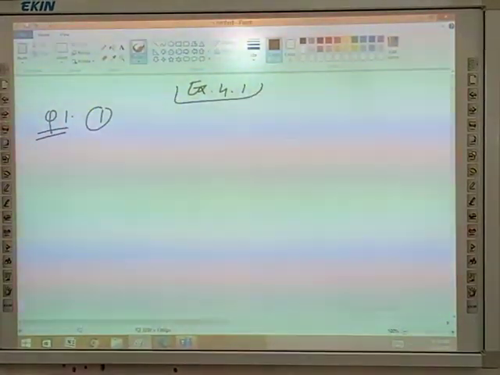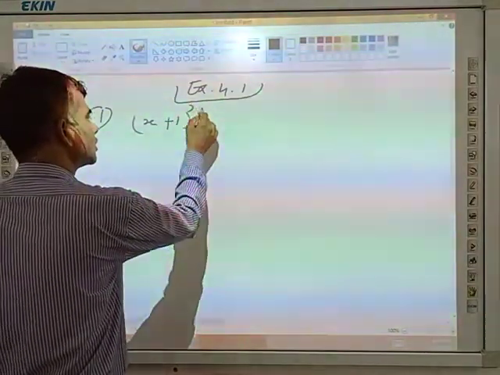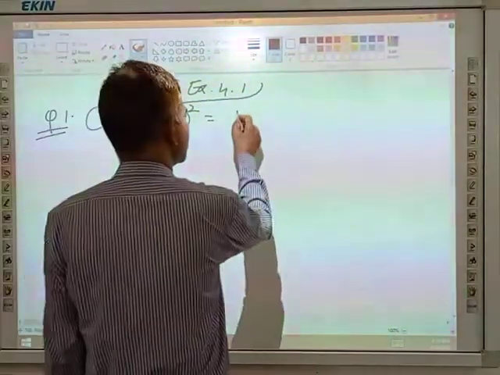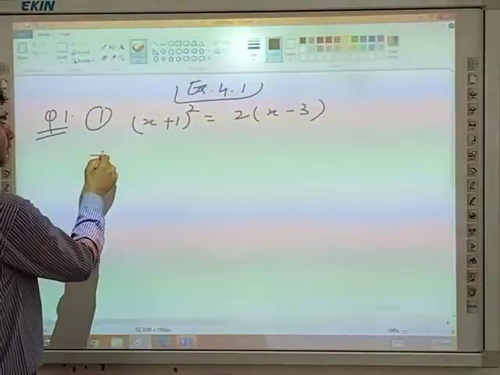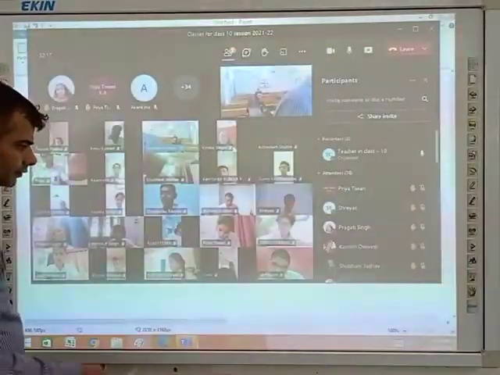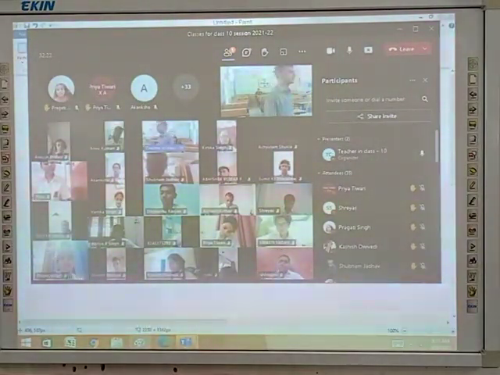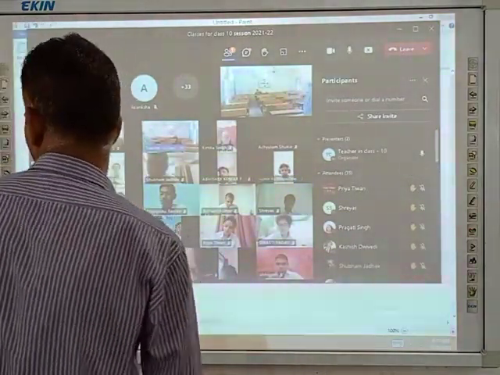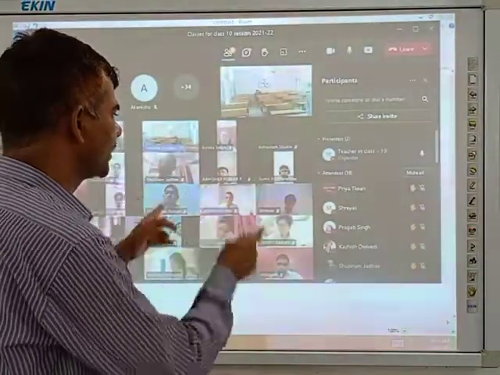Now students, exercise 4.1: x plus 1 whole square is equal to 2 times x minus 3. Sumit Kumar Bhardwaj, what is a plus b whole square?